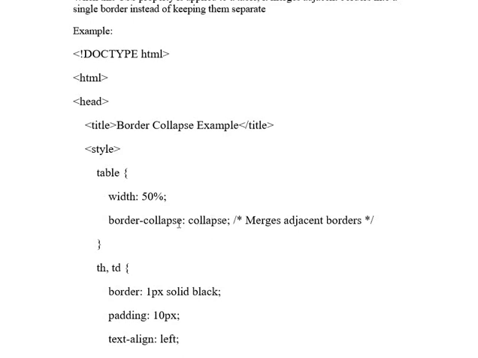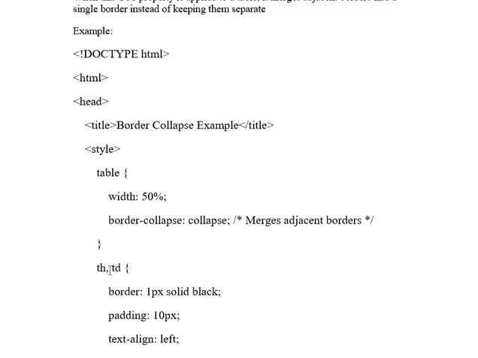So the syntax for using this CSS property is border-collapse colon collapse. So this is the second CSS property we want to apply to our table, therefore it is included in the curly bracket. So this is the close of the curly bracket.